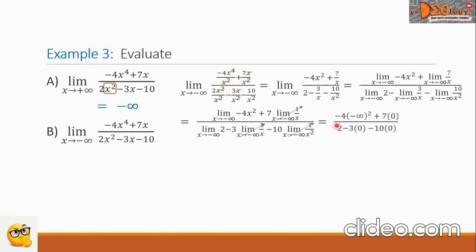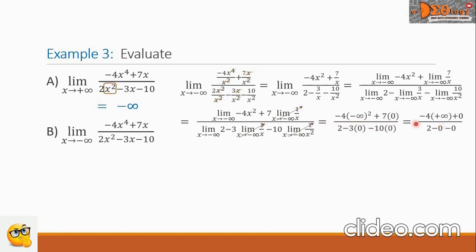So we have negative 4 times the square of negative infinity plus 7 times 0 all over 2 minus 3 times 0 minus 10 times 0. The square of negative infinity will be positive infinity.